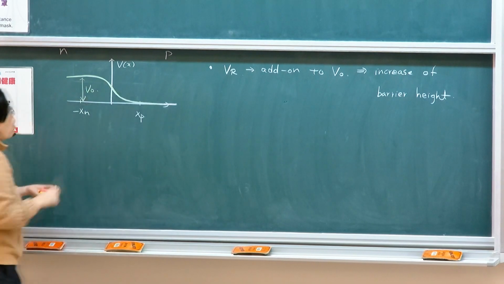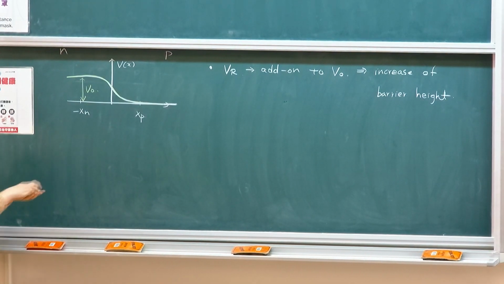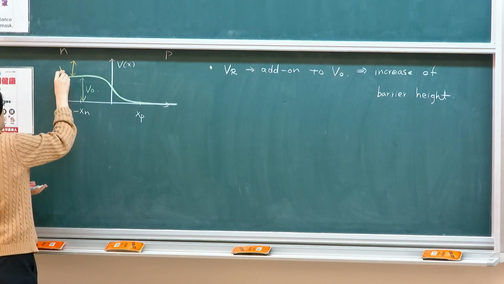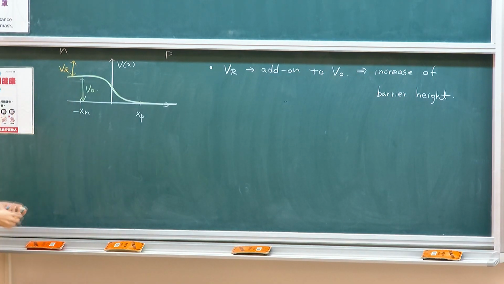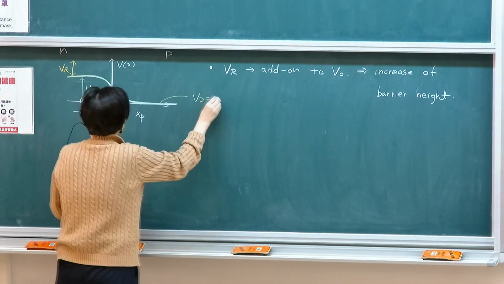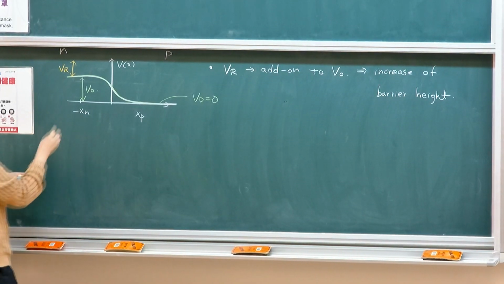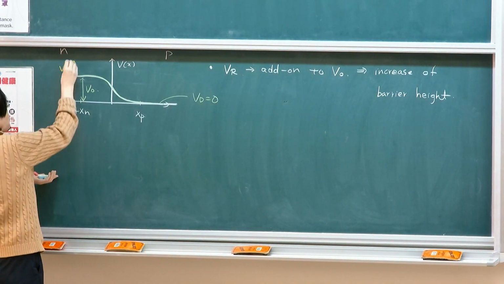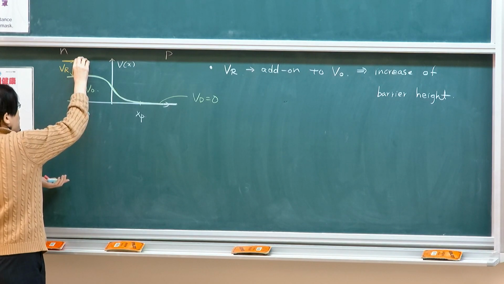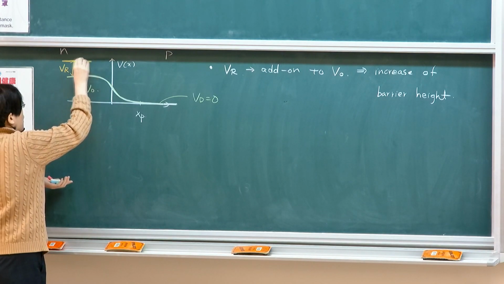That is to say, I already have the V0, and I'm stacking up a difference on top by a VR. So if there's a reverse bias, if the green is VD equals 0, then the yellow will be something like this. It will be higher, the difference will be higher.